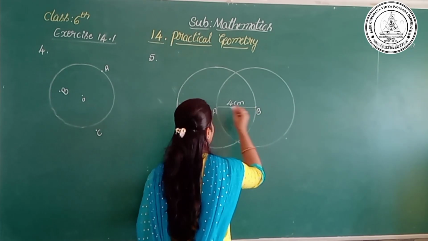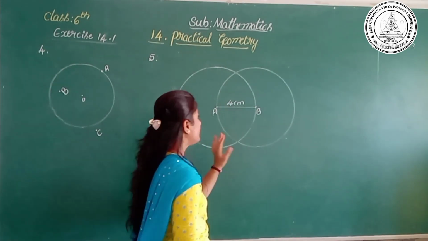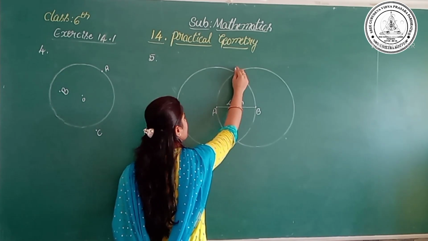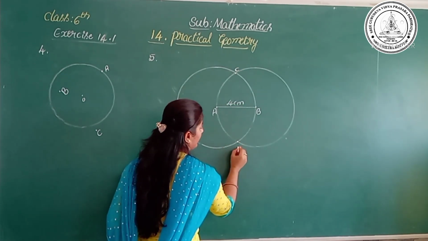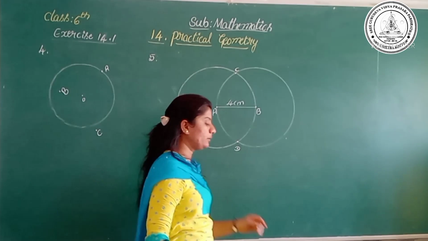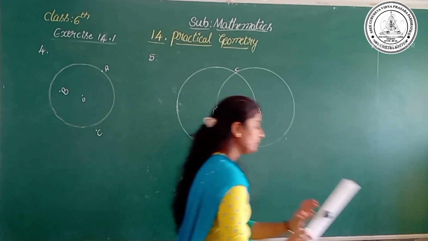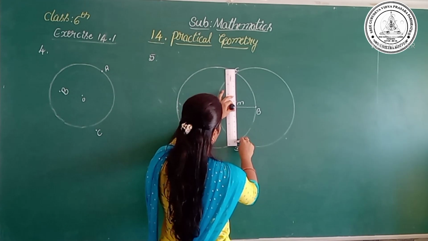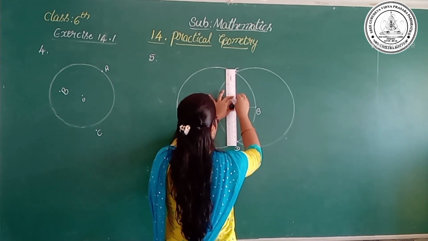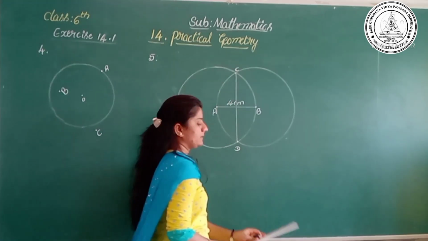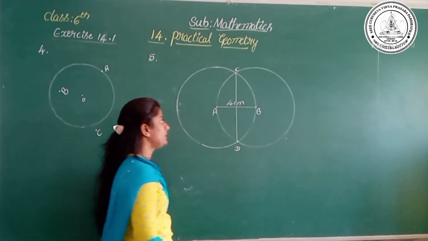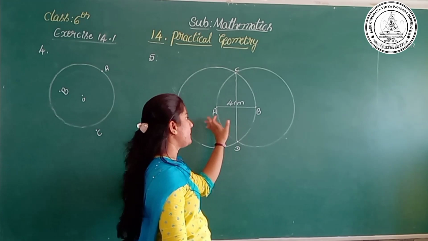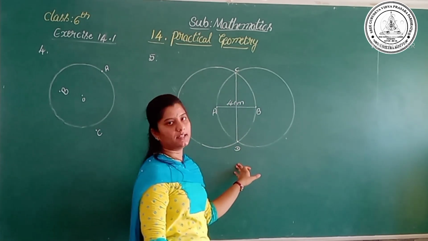So it is the point B and it is the point A. These two circles intersect at the point C here and the point D here. Now we have to join these two points. Just join here using the ruler. Now if we join here, we will see AB is perpendicular to CD.